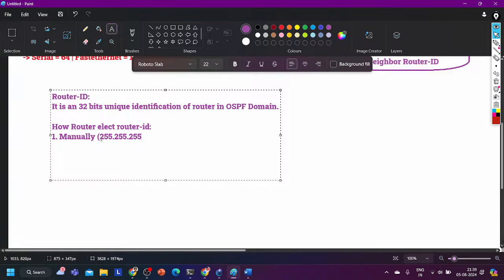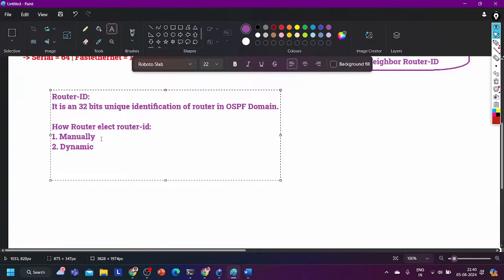But what if you do not define the router ID manually? Then the router is going to select automatically, right? That is the dynamic method. Now the question is how the router is going to select the router ID dynamically. As you know, the router ID is a 32-bit address represented in IPv4 format. The router is going to check its loopback, right?